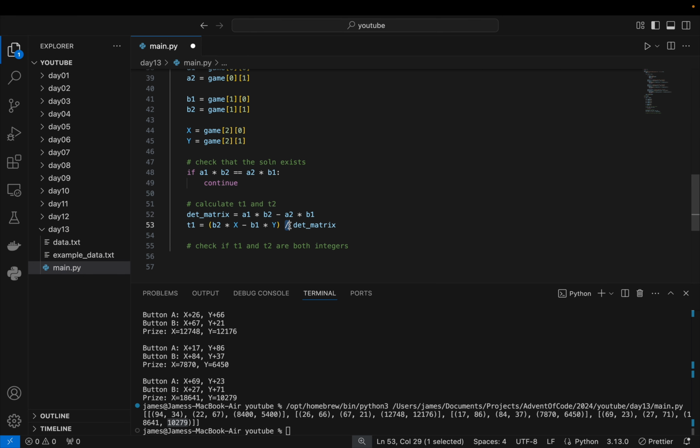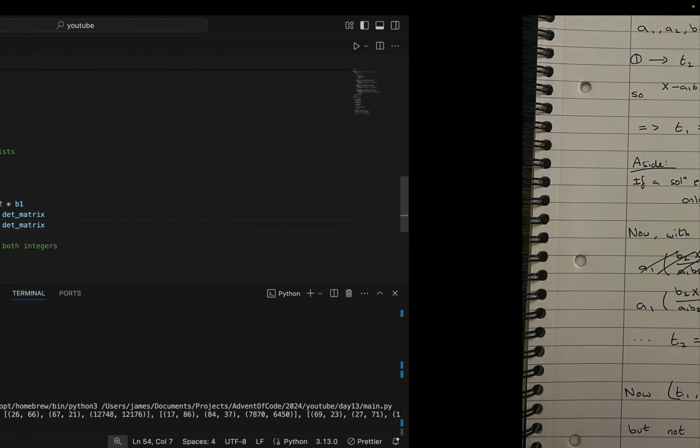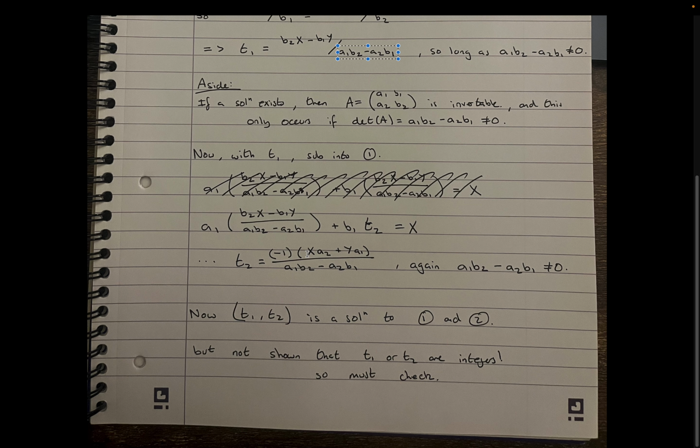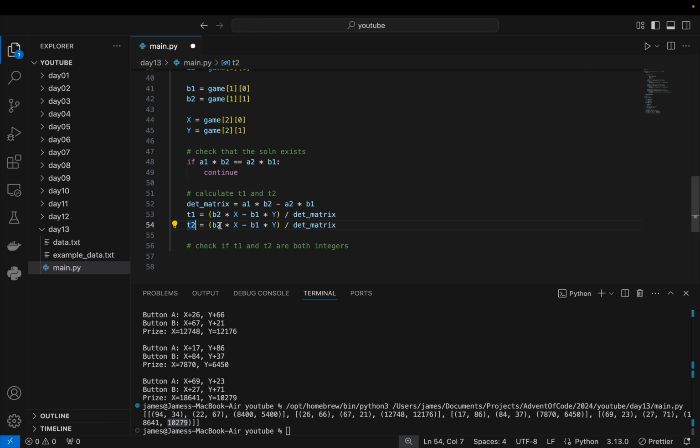And I'm going to do regular division here rather than integer division, because I don't want to round down or anything. I want to find exactly what this is. And t2 similarly, if we look here, is going to be x times a2 and y times a1, that's going to be plus there.